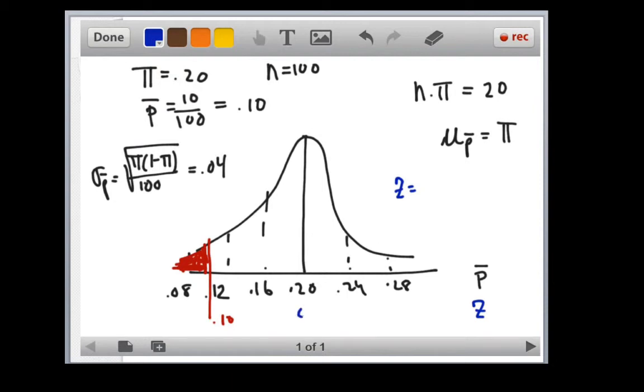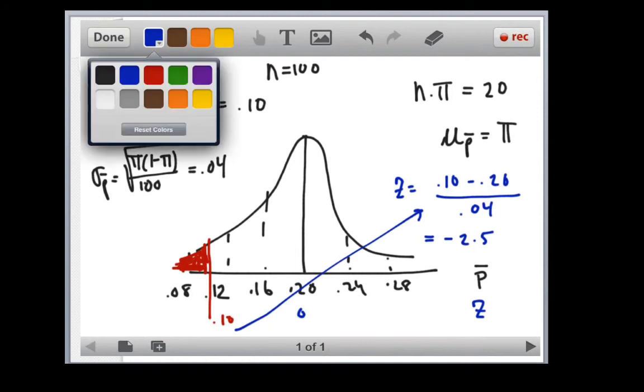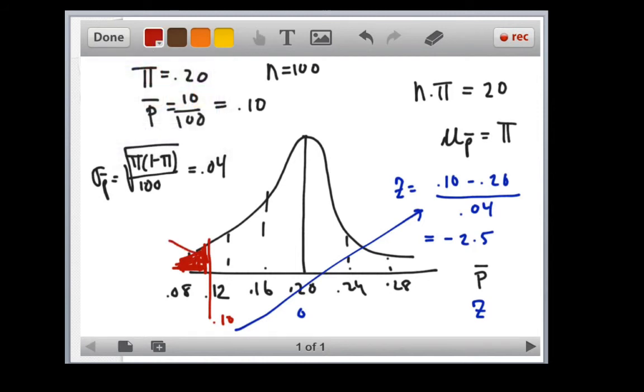This is a normal distribution, and this z is going to be 0.1, Charlie's proportion, minus the population proportion, divided by the standard error, and that's negative 2.5. If we go to negative 2.5 on the z-table, you should be able to locate the probability 0.0062.